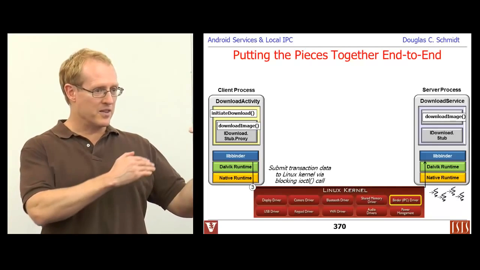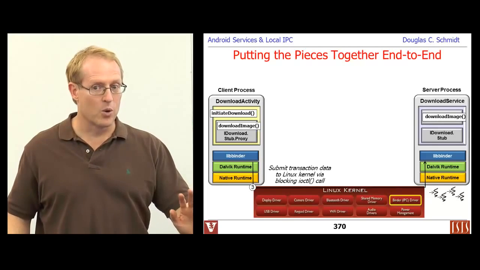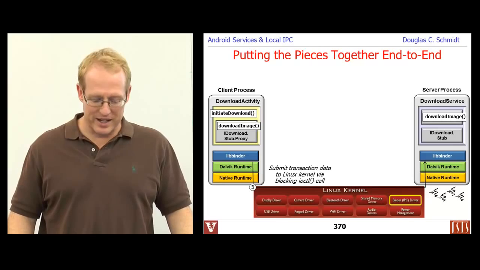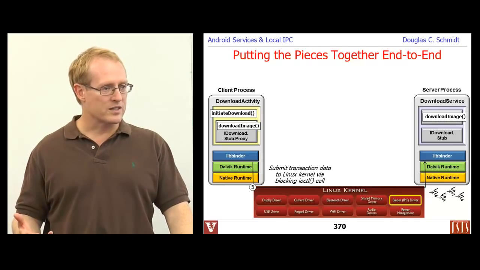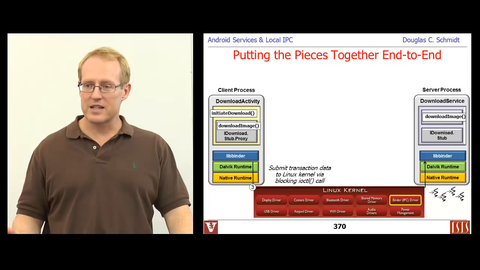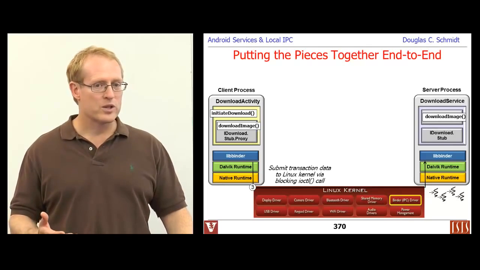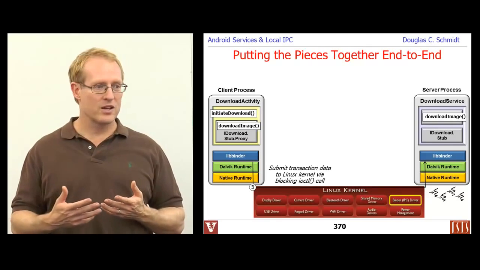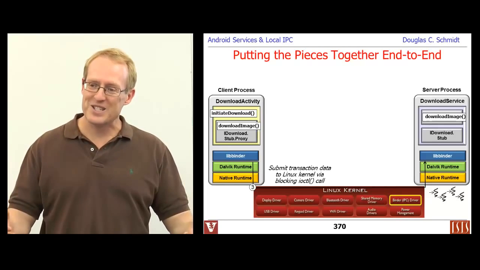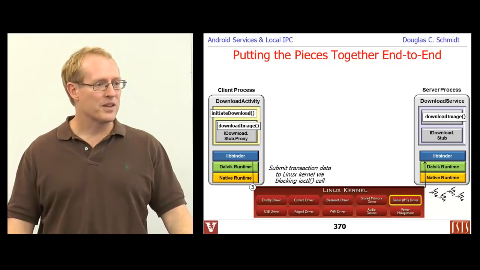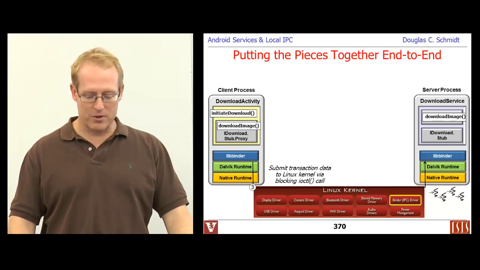And that's going to take the data that goes there, and it's going to be submitted via a lower level mechanism, probably written in native code at some level, that works atop the underlying Linux operating system. And it uses an I/O control, an ioctl, which is basically a way of passing information to the low-level device drivers. The low-level device driver in this particular case, of course, is the binder driver. And that's the guy that knows how to move the data back and forth between sender and receiver.